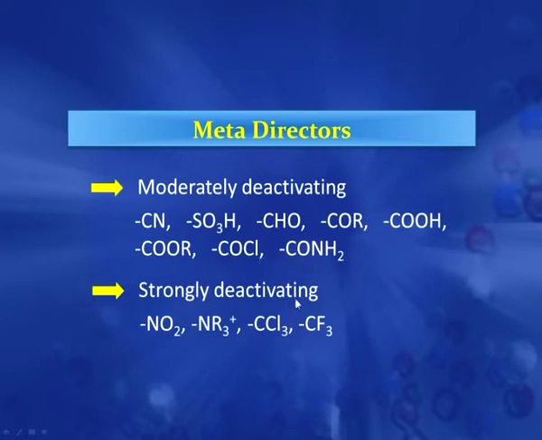Strongly deactivating groups are nitro, ammonium ions, and CCl3, because this is a trichloromethyl group, where 3 chlorines are attached to a carbon. These 3 chlorines exert an electron withdrawing inductive effect, so this becomes a strongly deactivating group, and similarly CF3 also.